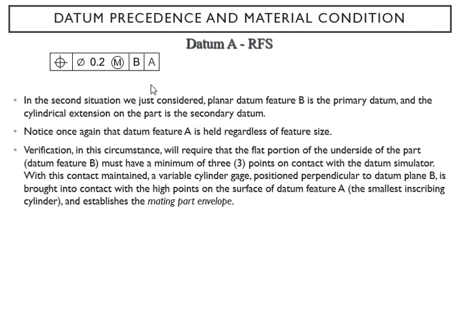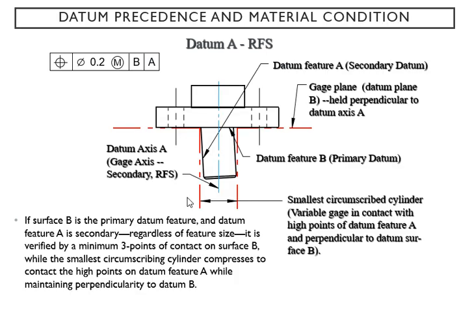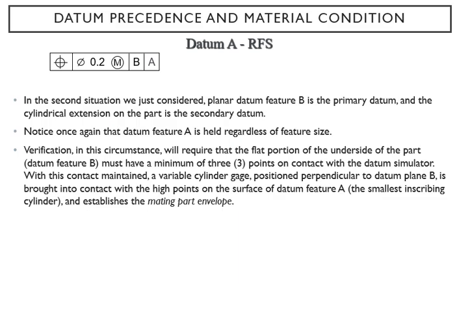In this case, your primary is datum B, so you will stress on the datum plane B with 3 points, and these points are your high points on the surface of that datum feature. Okay, so the smallest inscribing cylinder, again inscribed, which isn't circumscribed, they're different, and establish that main part envelope.